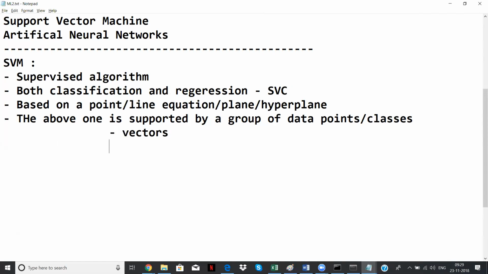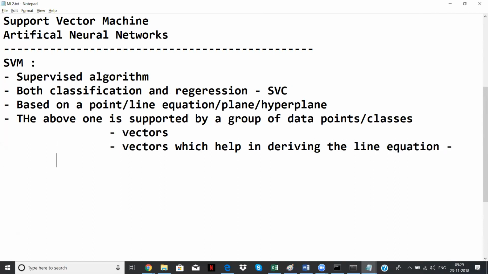The vectors which actually help in deriving the line equation are known as support vectors. Is that clear? Yes.